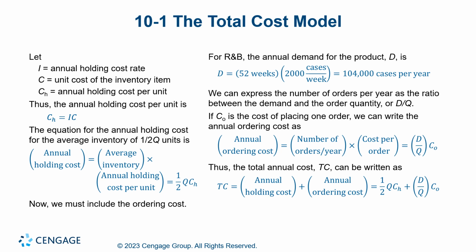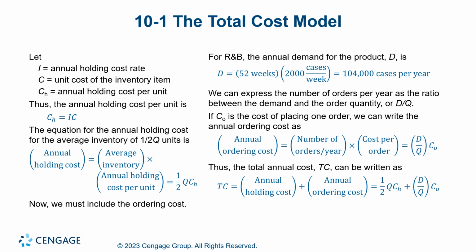So D equals 52 weeks multiplied by 2,000 cases per week, which is equal to 104,000 cases per year. So the demand for the whole year is 104,000.